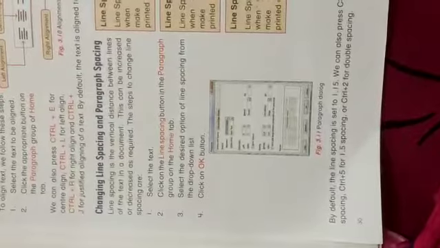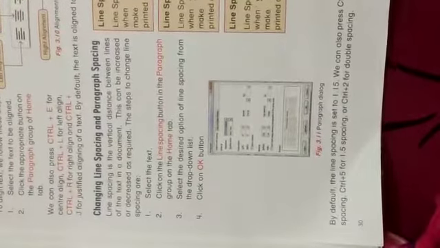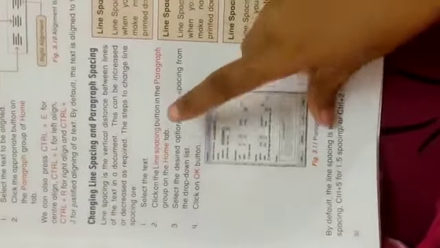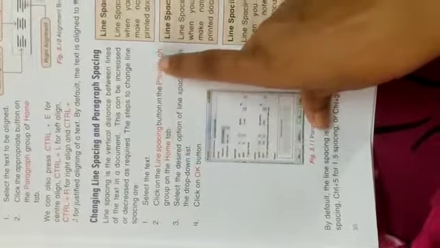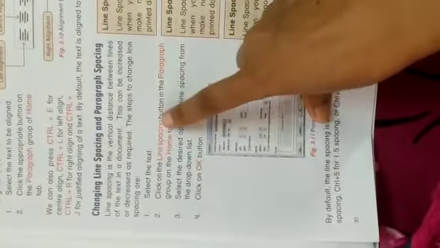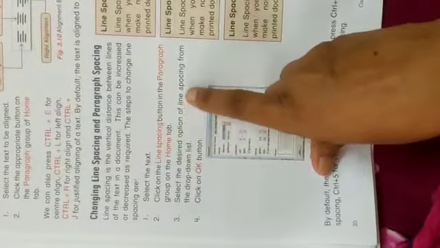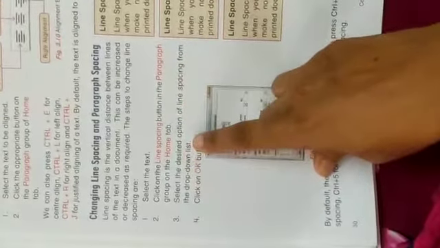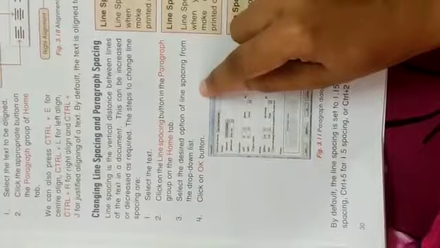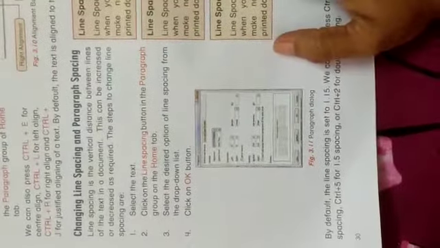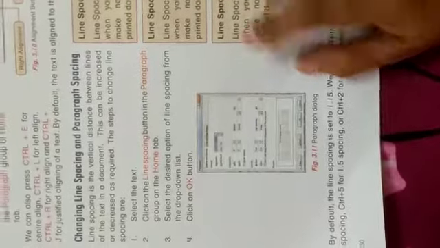Select the text. Second, click on the line spacing button in the paragraph group on the home tab. Home tab, from the paragraph group you will select the line spacing. Third step, select the desired option of line spacing from the drop down list. Again, that small drop down arrow will be there. From that list you will choose your own setting and then click on OK.